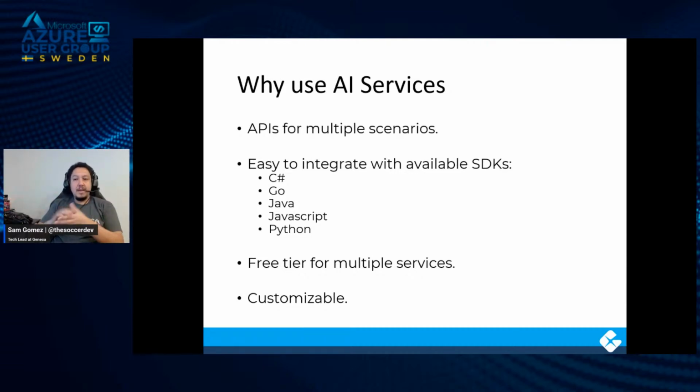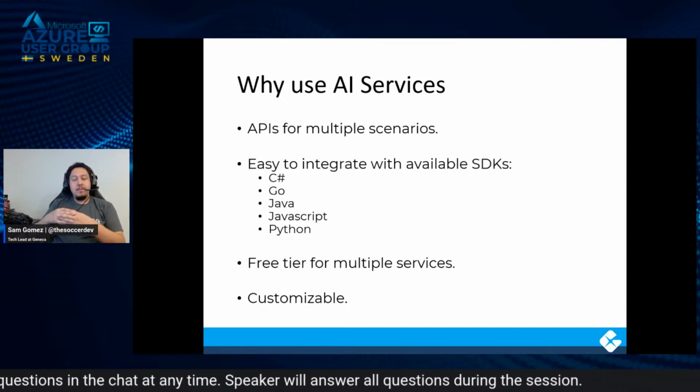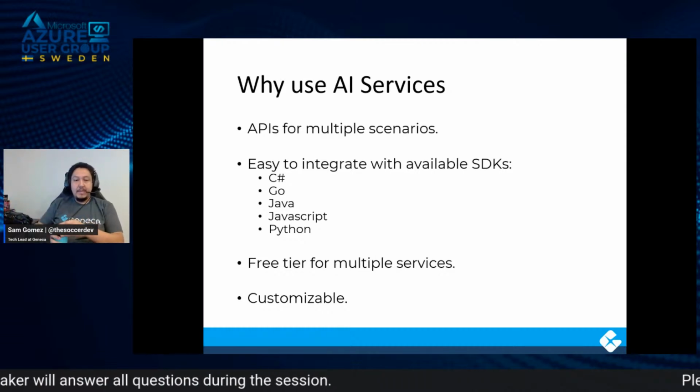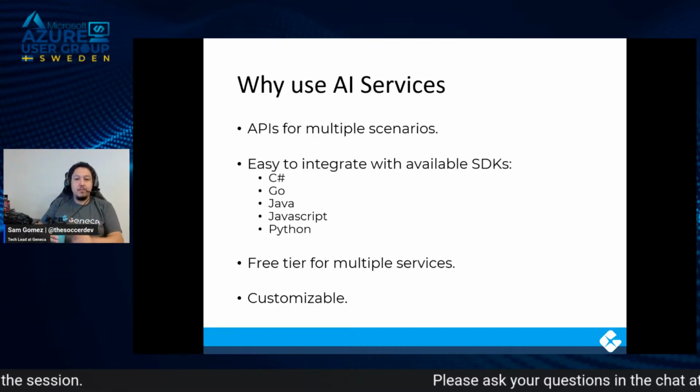All these APIs are available as normal REST APIs, but if you're working with C Sharp, Go, Java, JavaScript, or Python, there are SDKs that will make it a lot easier for you to interact with these APIs. A lot of these services have a free tier that you can use to work on a proof of concept, or maybe even an actual application, provided that you don't have a lot of usage for those APIs.